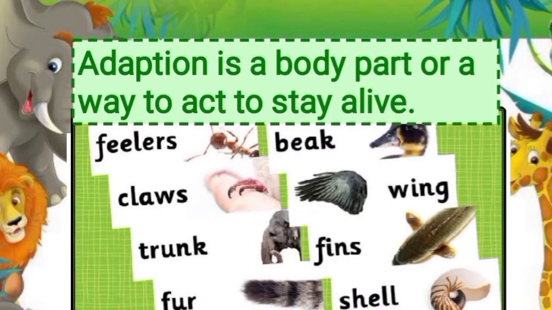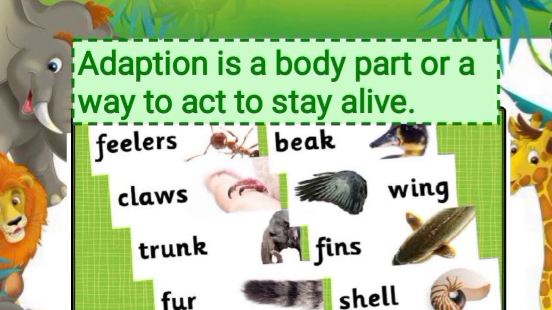So what is adaptation? An adaptation is a way an animal's body helps it to survive or live in its environment. Animals depend on their physical features to help them obtain food, keep safe, and build homes, and these physical features are called physical adaptation.